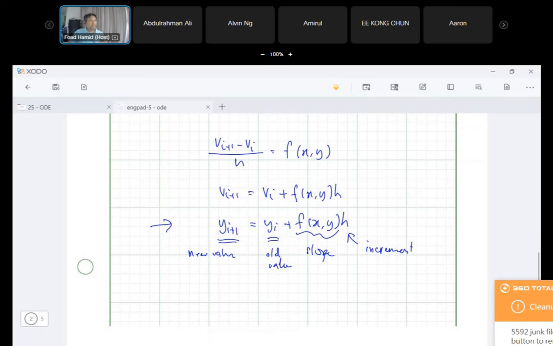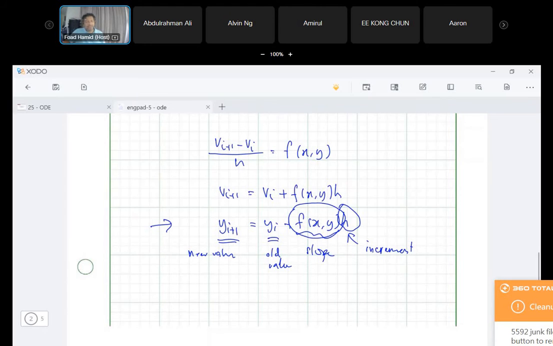Note that the only things we can change are h and the slope. By now you know that when we make h smaller, our approximation becomes better. You can see this in numerical integration and numerical differentiation. The rest we cannot change.